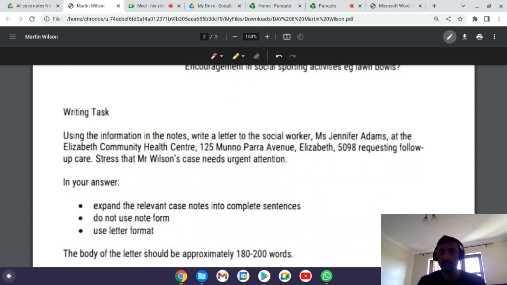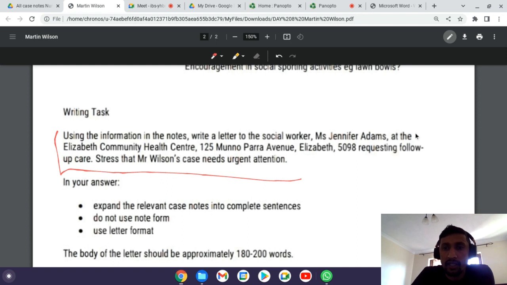Okay, that's right. So what is the purpose of the letter in this case? What's the exact purpose of the letter, considering only this writing task? Okay, that's follow-up care.